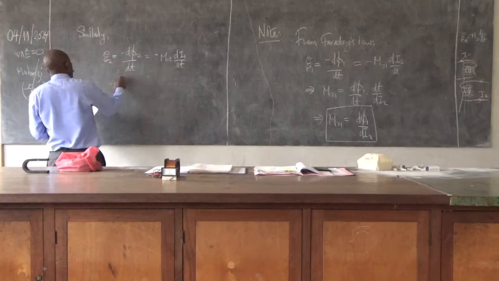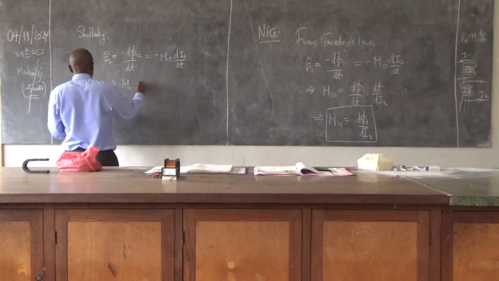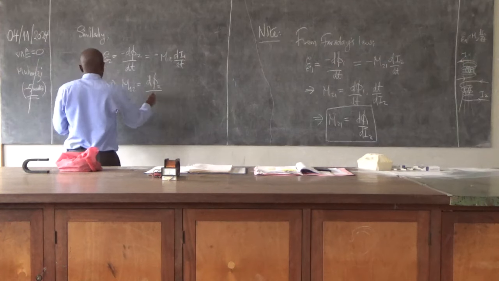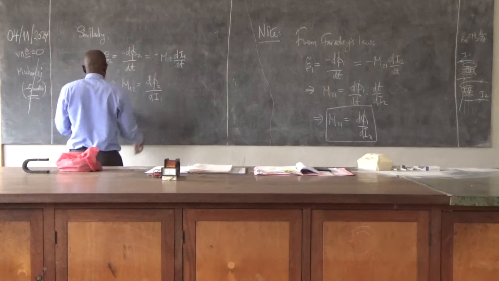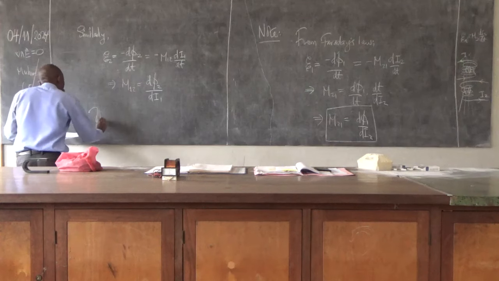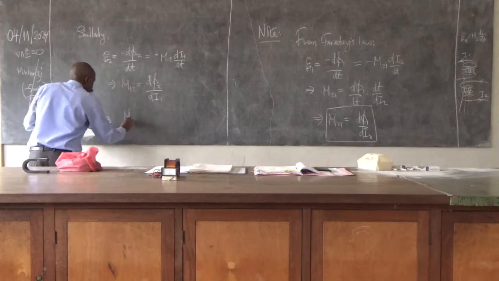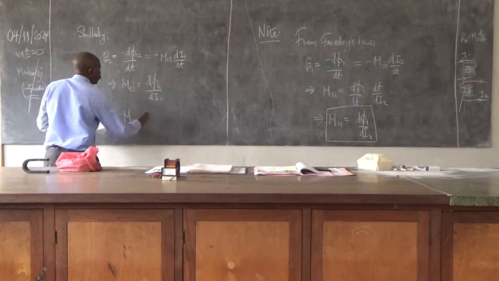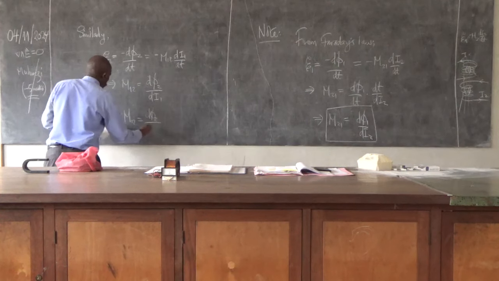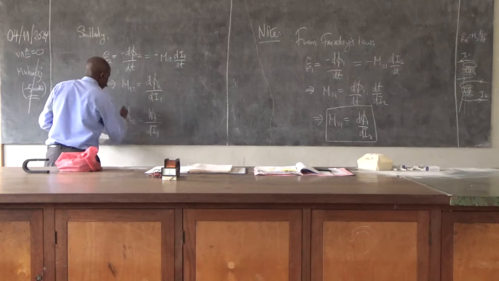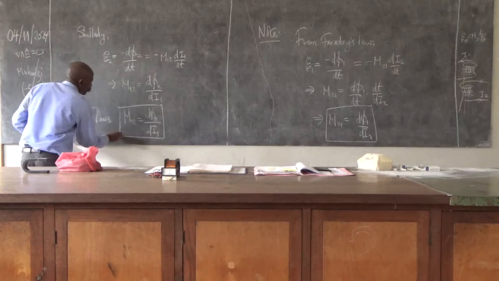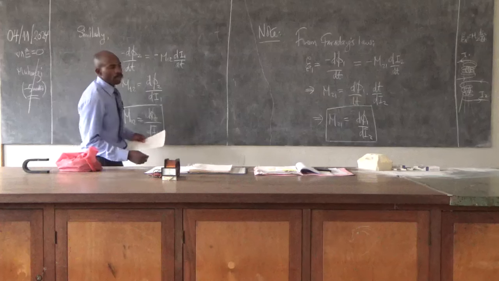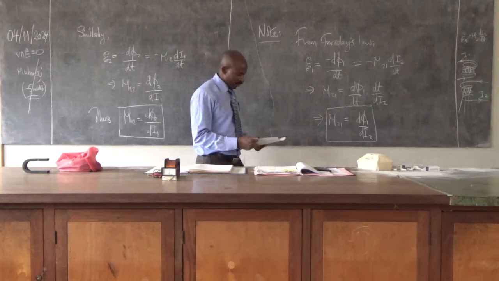This would imply that M12 would equal d phi 2 over d I1. So that was just a relationship between Brian and Shakira.